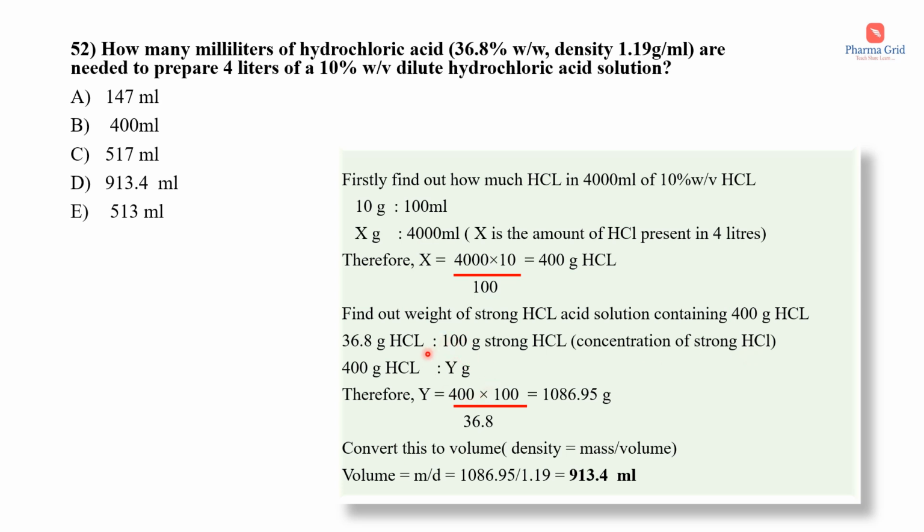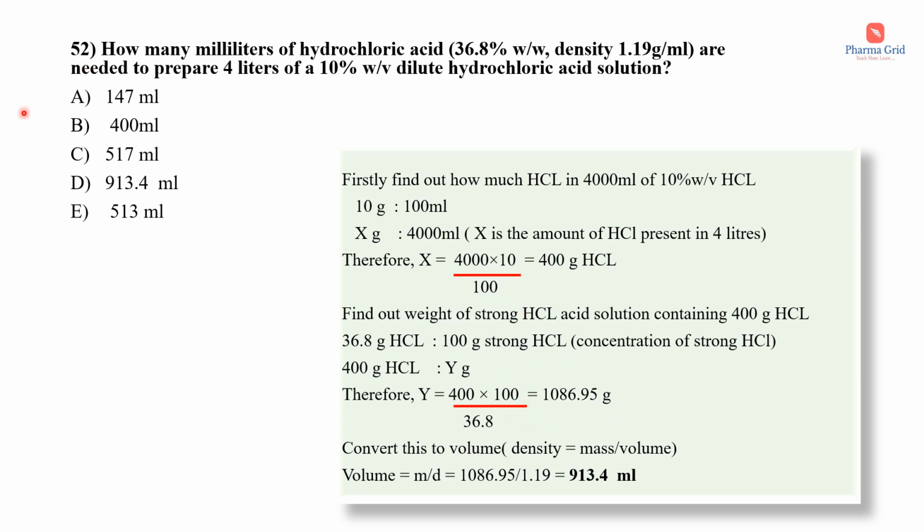Now let us take the weight of strong hydrochloric acid solution containing 400 gram HCl as Y. Then find out the value of Y using cross multiplication, that is 400 into 100 divided by 36.8. So by cross multiplying we will get the answer as 1086.95 gram. So here we got the answer in gram.